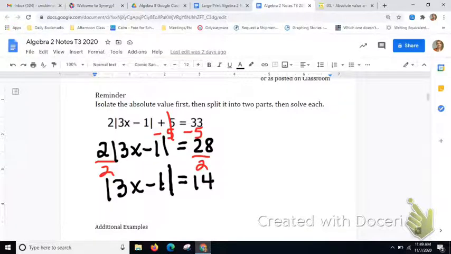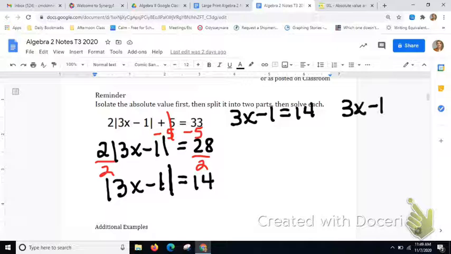So I have gotten my absolute value bars by themselves. Now I'm ready to split it into two pieces. So now I do 3x minus 1 is equal to 14, and 3x minus 1 could be equal to negative 14. Now I have two two-step problems to do. And if you notice, if I had changed that 33 to negative 33 first, I would not be getting the same answer.